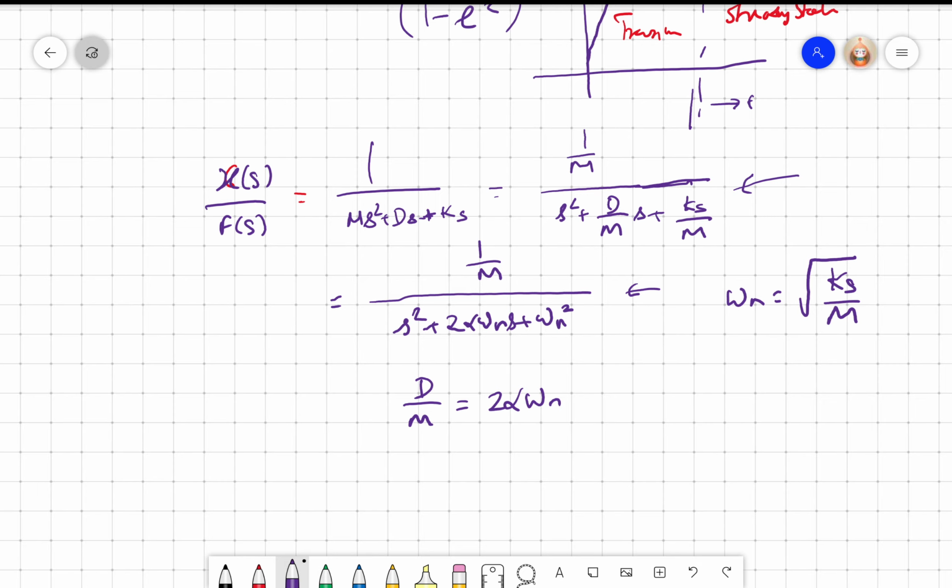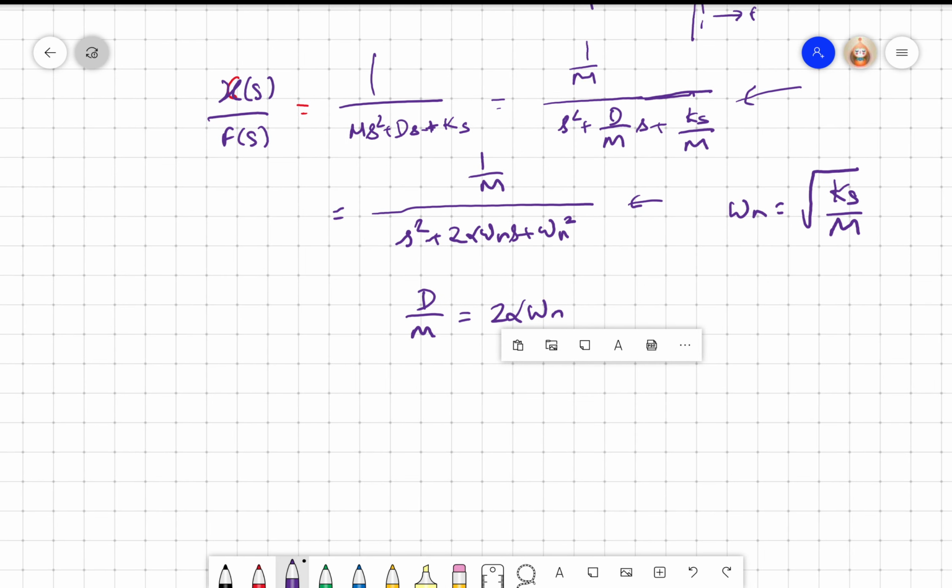Quite easy, right? I am not doing this for obvious reasons. Please calculate what should be the value of alpha in terms of d, m, and k, right? That's the one. Okay.